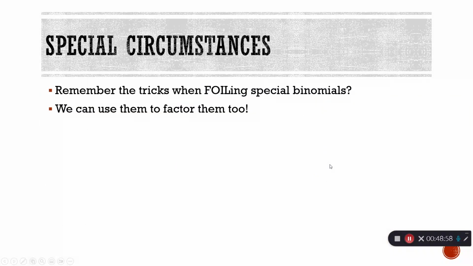Not that hard. Now, remember I said that we had talked about special circumstances? Remember the tricks we did when foiling special binomials? We can use these to help us factor too. Makes life a whole lot easier. Difference of squares.